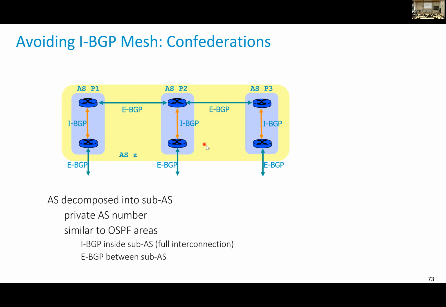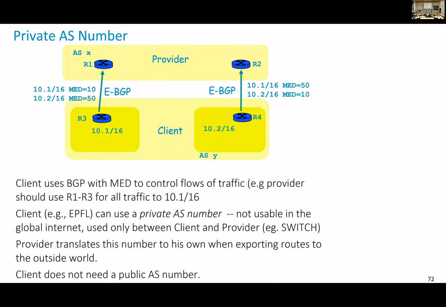We have seen one use of private AS numbers: splitting a large AS into multiple smaller virtual ASs. Another use that's in fact more frequent is by stub networks like EPFL. A stub network means a network that's at the edge of the graph of networks and accesses the rest of the world via one single provider.